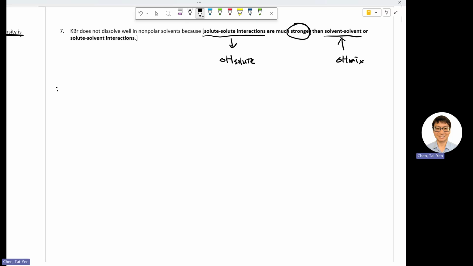Another statement you can say is that the lattice energy of the solute is much larger than the solute-solvent interaction, because here the solvent is not water. But if it is water, then you say the lattice energy is larger than the hydration energy. Those are the terms you may encounter for this type of question. But again, you need to know whether the solute-solute interaction or the solute-solvent interaction is stronger.